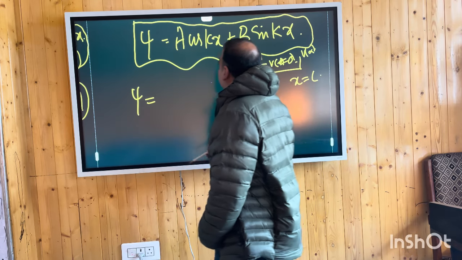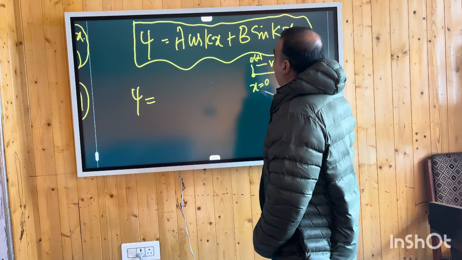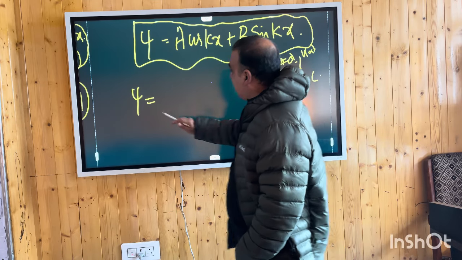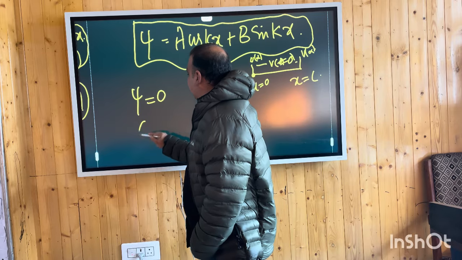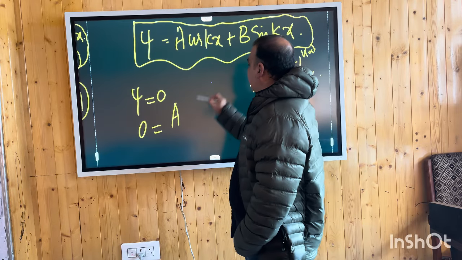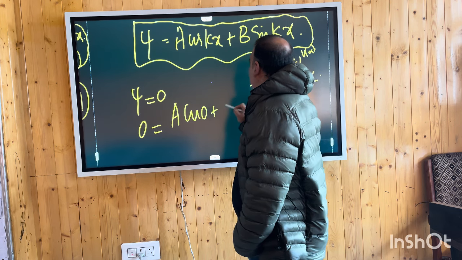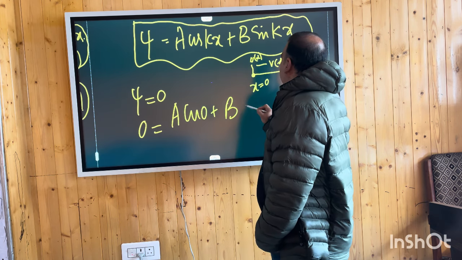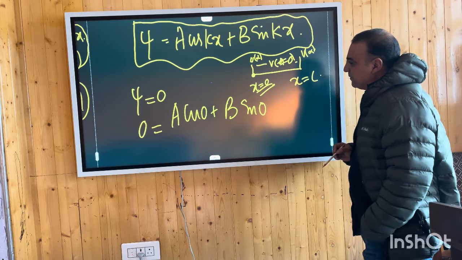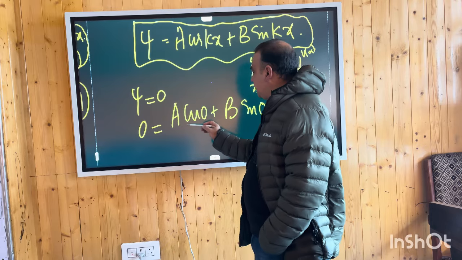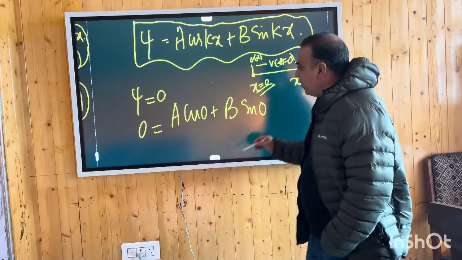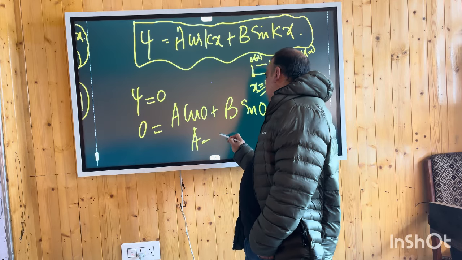So at x equal to 0, psi is 0. So what I'll get is 0 equals a cos 0 plus b sine 0, because x is taken equal to 0. We can see here immediately that cos 0 is 1 and sine 0 is 0. That means a is equal to 0.